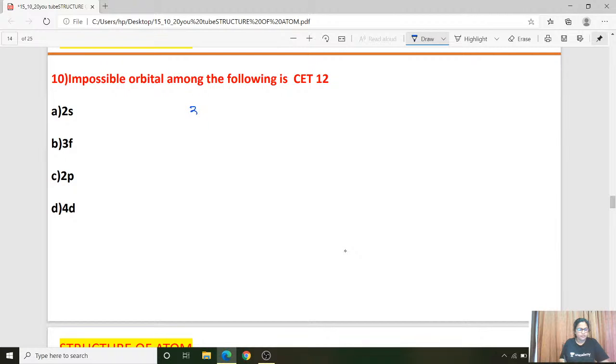See, we have written 3f. When I say 3f, students, you know n is equal to 3. n is equal to 3 means L can have values 0, 1, 2. So you have 3s, you have 3p and you have 3d.